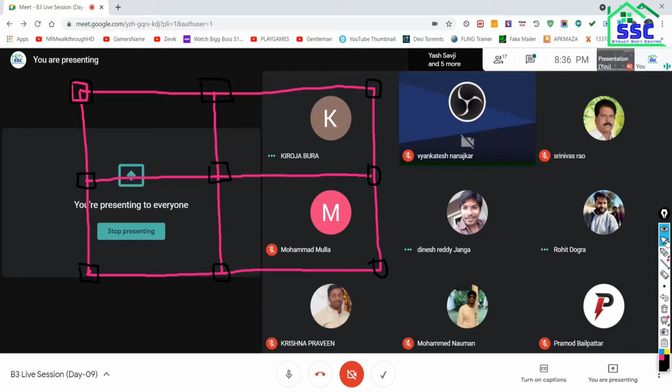So actually there are three types of column. One is your concentric column, one is your uniaxial column, and one is your biaxial column. What is the meaning of these columns, and what is the concept of these columns? Just try to understand.